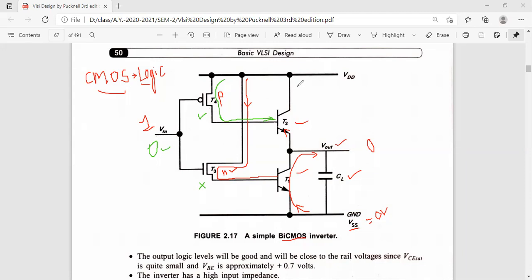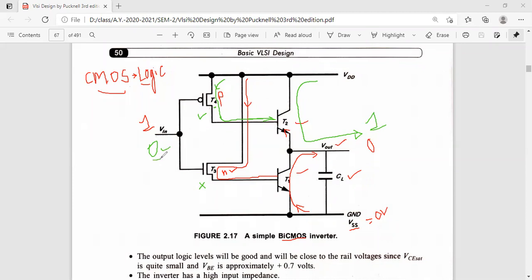So the VDD value is coming via this T4 transistor. Since the T4 transistor is on, the value is coming in this direction to the T2. So this transistor is going to be on. What's the value here? The value is VDD, which is going to come outside. So that is going to produce an output of 1. Right? Do you get now?